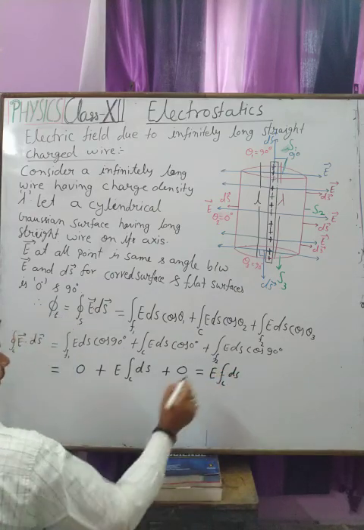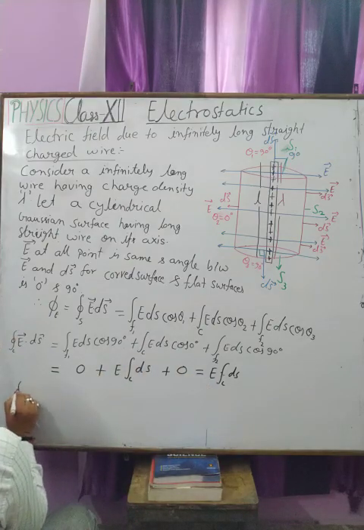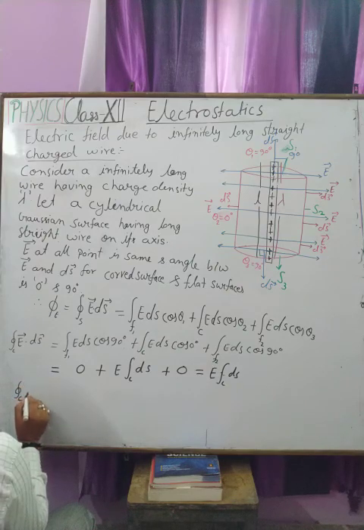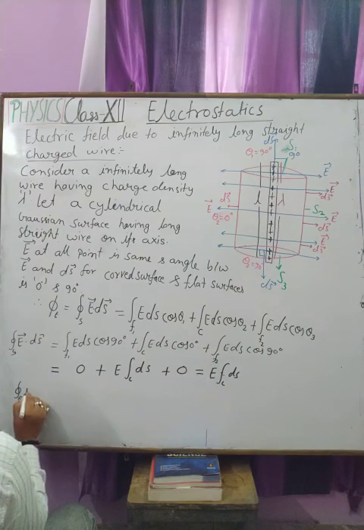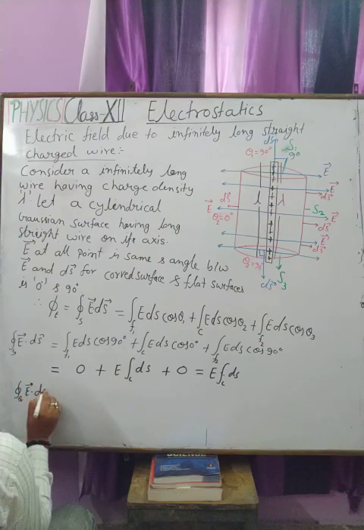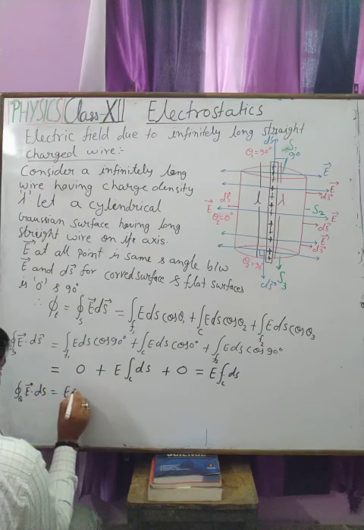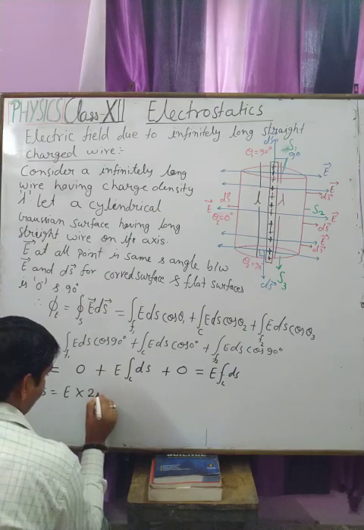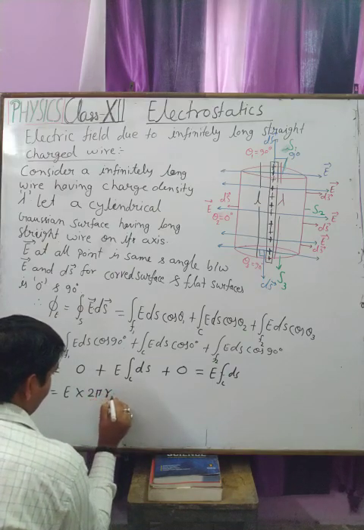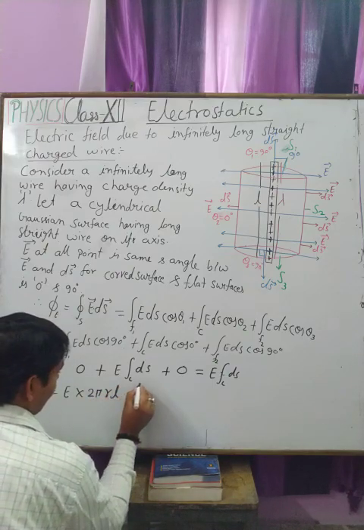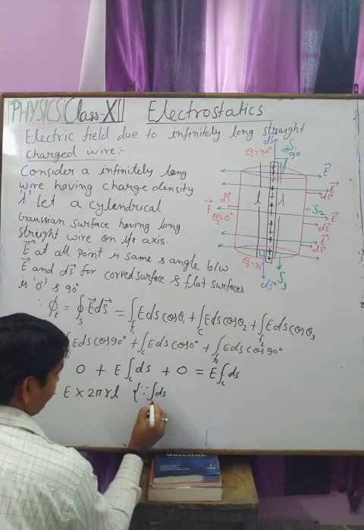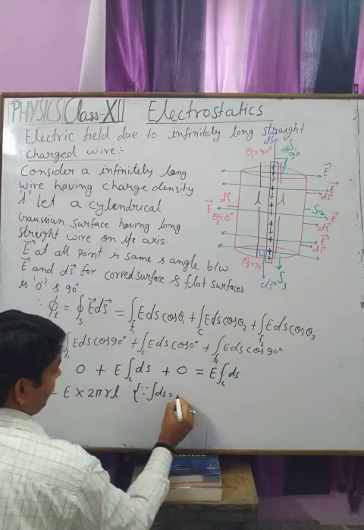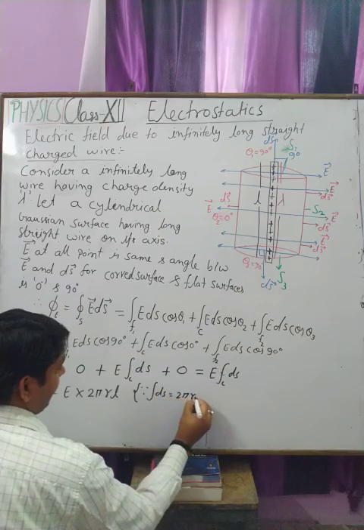Okay, therefore closed integral of vector E dot ds is equal to E into 2 pi r l, where integration ds is equal to 2 pi r l.